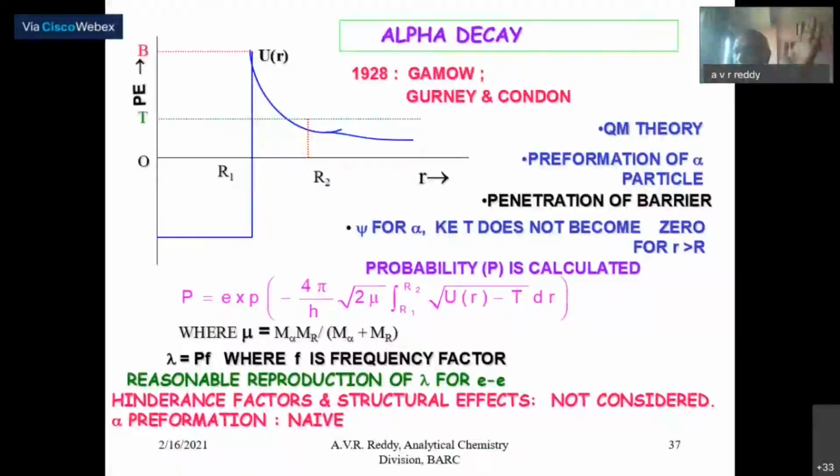We know the Coulomb law. It is also applicable here if you consider them as simple particles. Now, if you calculate the Coulombic barrier, for example for 232 thorium alpha decay, it comes to about 22 MeV. Is it clear? 22 million electron volts is the Coulombic barrier for alpha decay of 232 thorium.